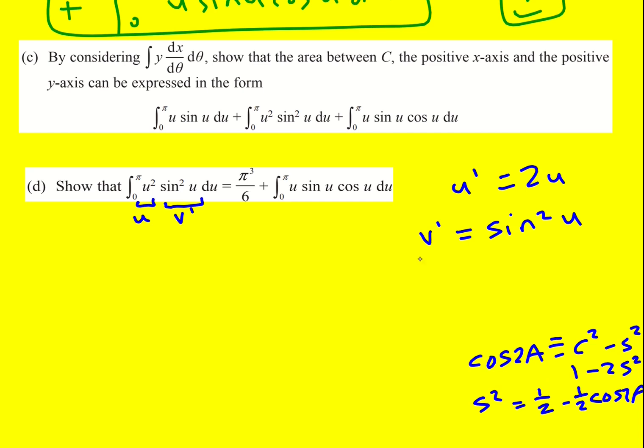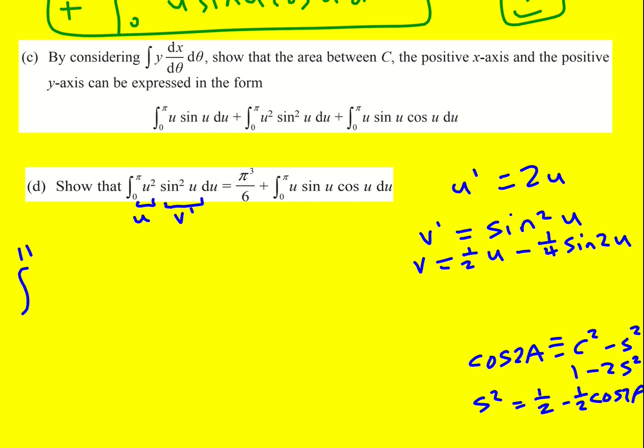So that means if we integrate it, then v is going to be a half u minus a quarter sine 2u. I've just taken this and replaced the a by u and then integrated it. Okay, that's what we're going to get.